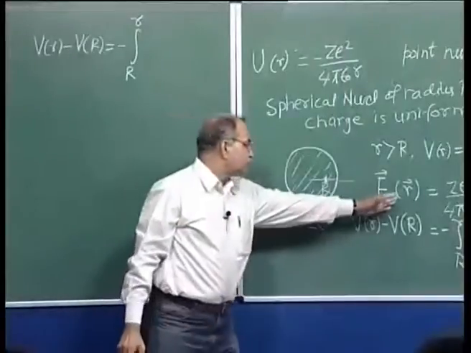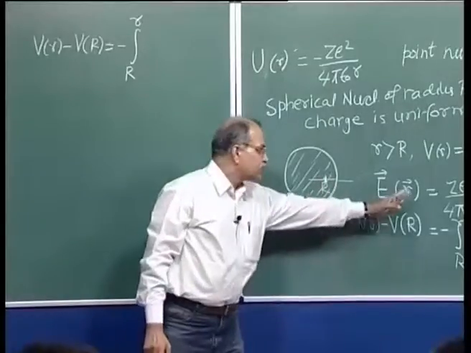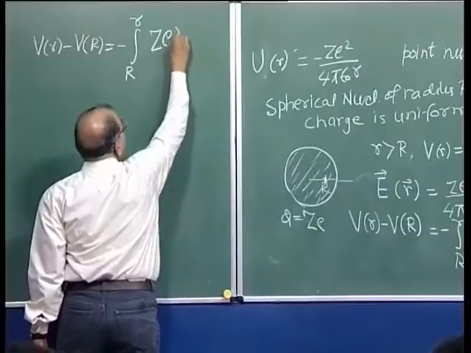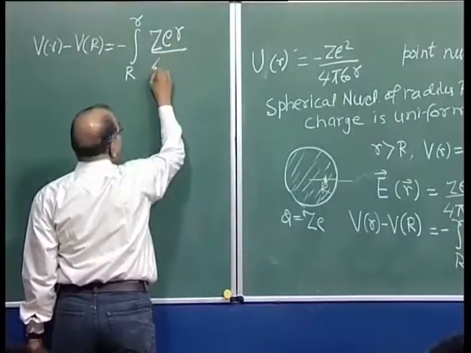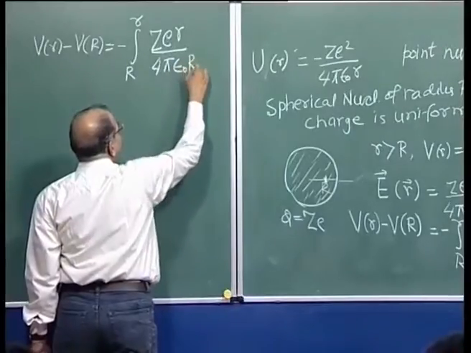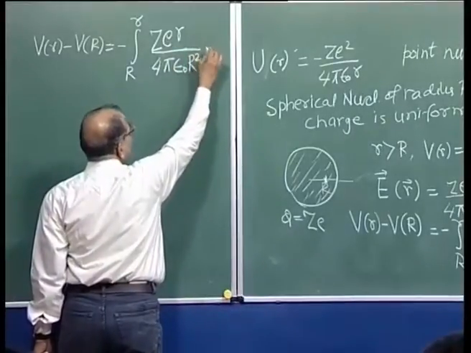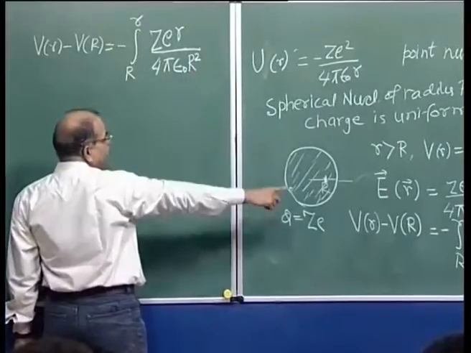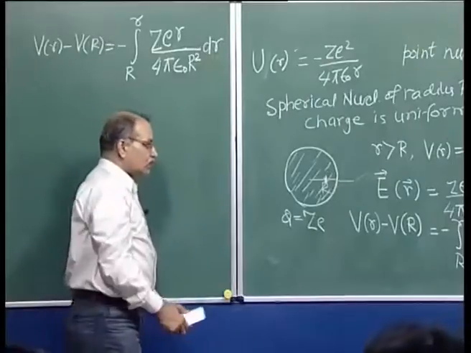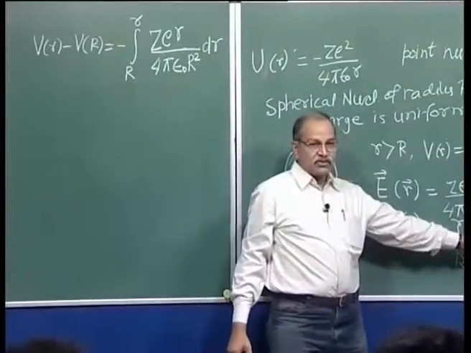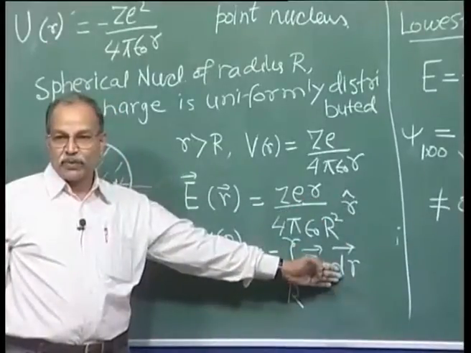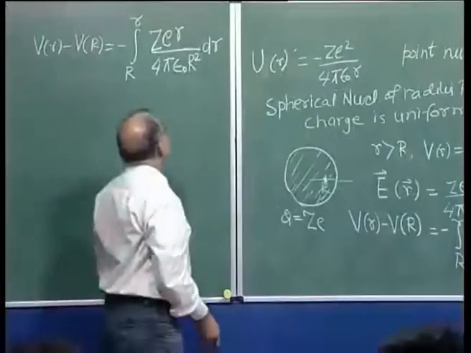Here is the electric field. Now, I am talking of inside. So, here is the electric field: Ze r divided by 4 pi epsilon naught capital R square, r unit vector, and dot that dr. This dr also has unit vector r cap, so the dot product of this r cap with that r cap will be 1 and it is just dr. So, integrate.